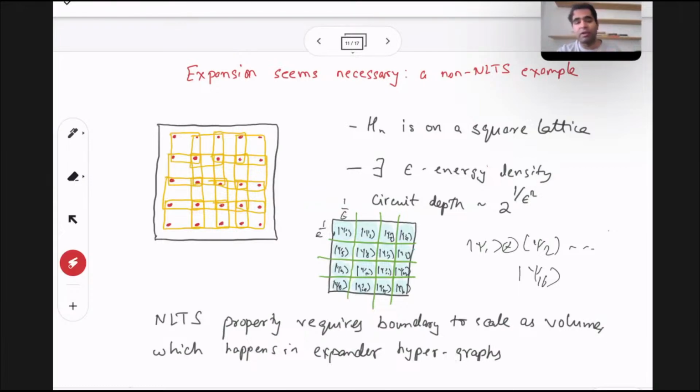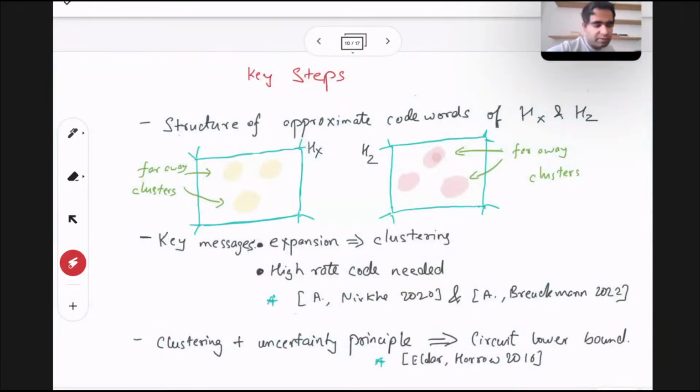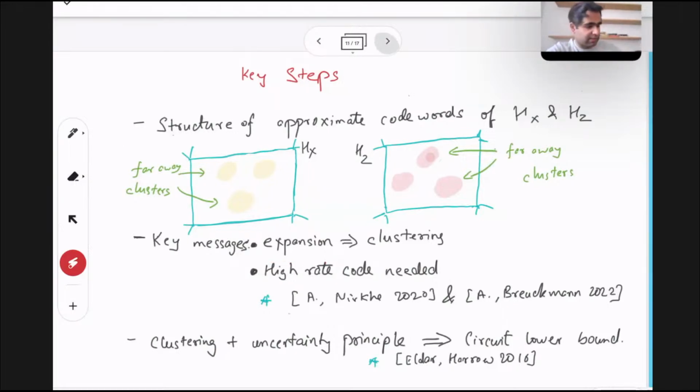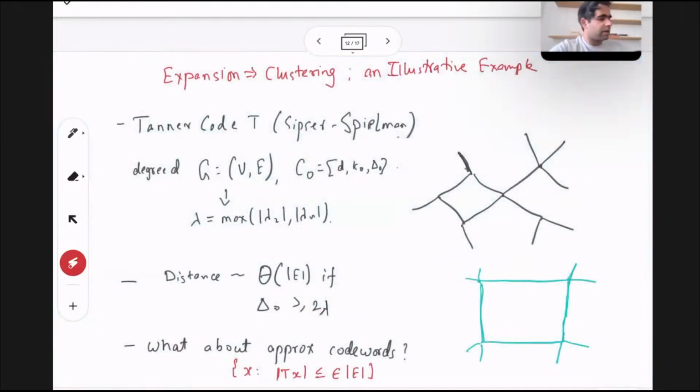That can only happen in a very high dimensional lattice or on an expanding hypergraph. So that's what we need. The main observation of this work is that expansion is also sufficient in some sense to get this result.